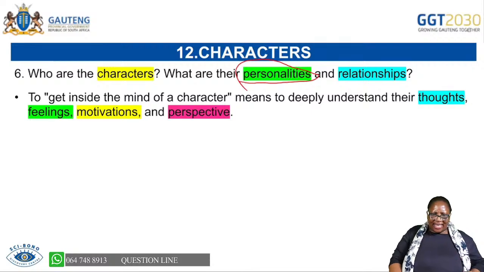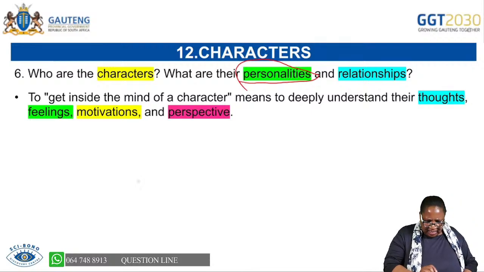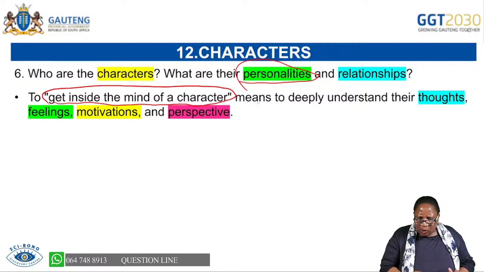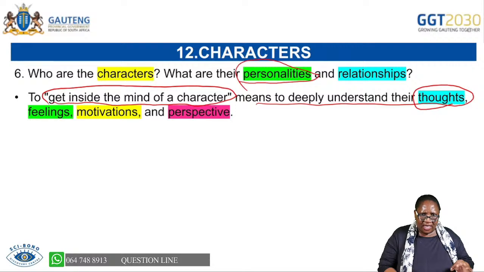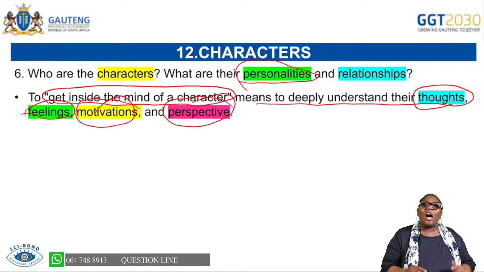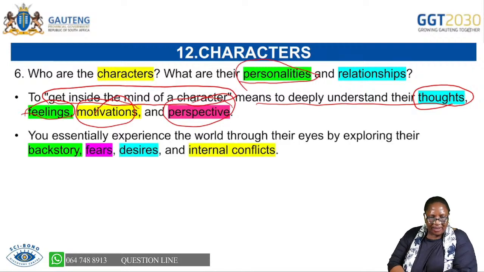We want you to get inside the mind of the character. And that means to deeply understand their thoughts. You must know Tami, what he thinks, what he feels, what is motivating him, and his outlook, his perspective.